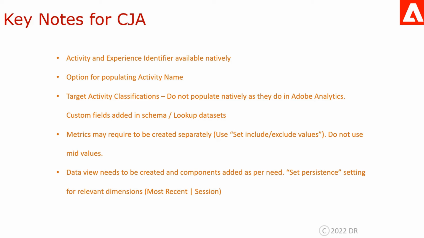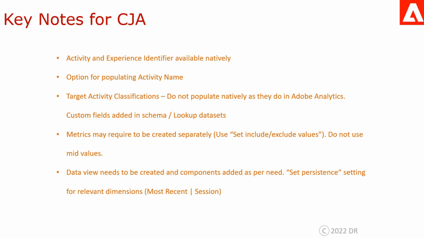When you configure the data view, you can create metrics based on whatever events you have defined in your tracking specifications. Based on that, I created this custom event engagement, right? So using this set include or exclude values setting, we can do that.